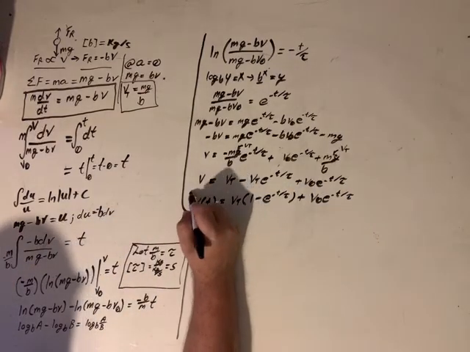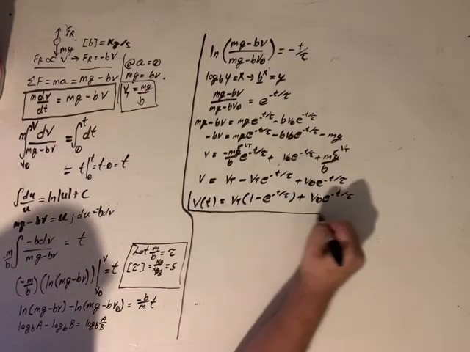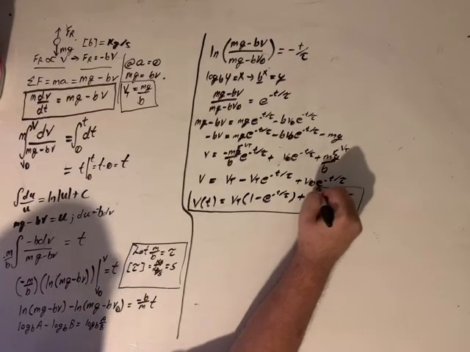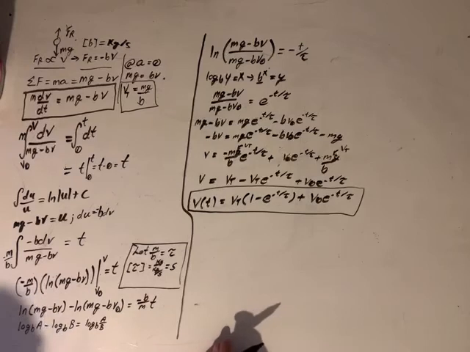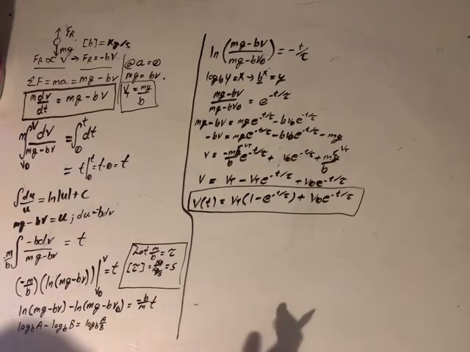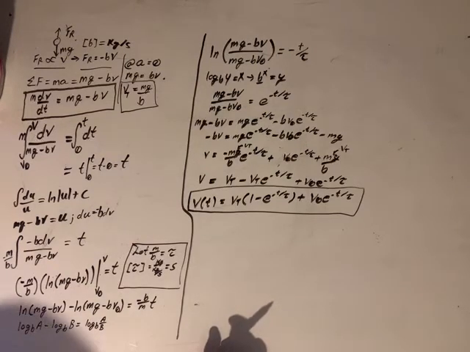And that is an equation for the velocity as a function of time for an object falling with linear air resistance, where your resistive force of air resistance equals negative b times v. Okay, so that's the velocity function. Can we solve for a position function?